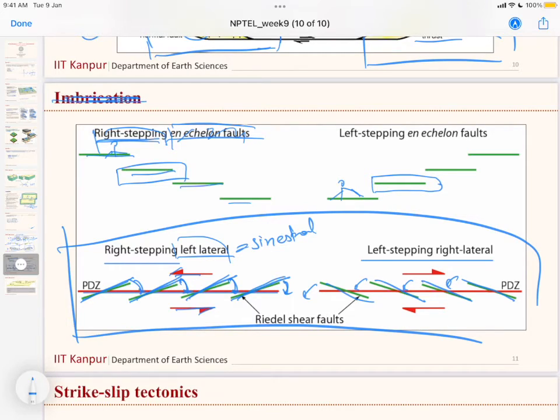So this is how you can comment on their stepping direction, whether it would be right stepping or left stepping. There is one kind of system that is formed for the en echelon fault system, and this is the other kind of fault system that is present in the lateral fault system.